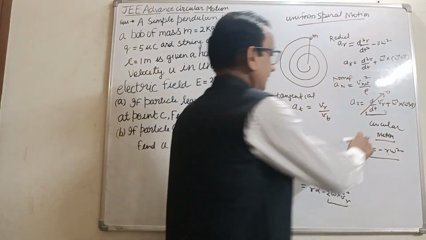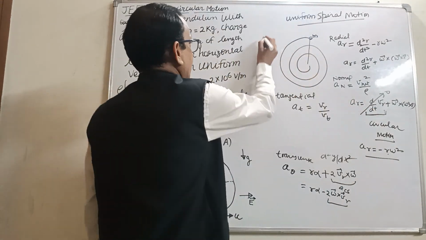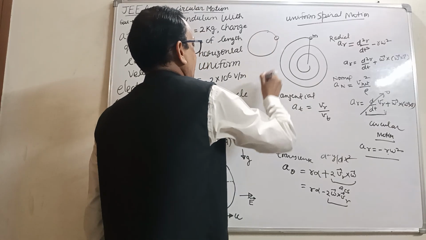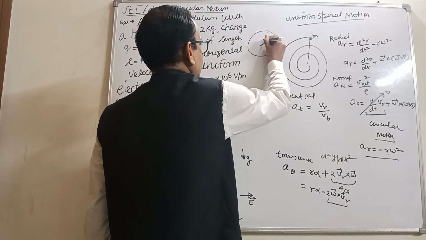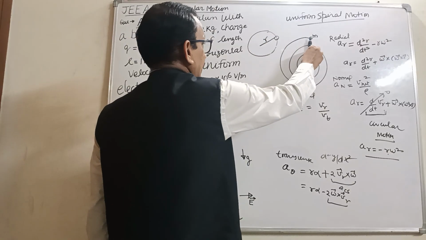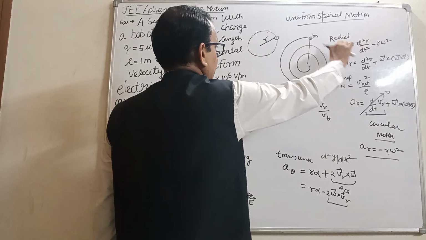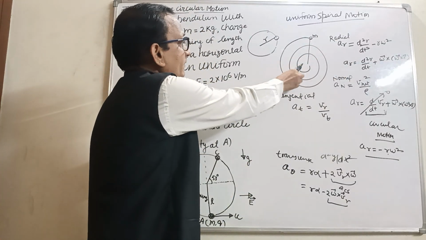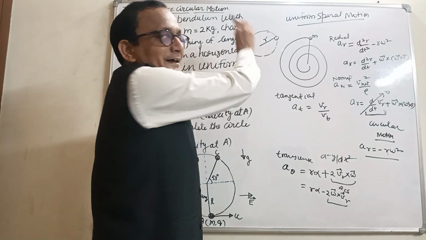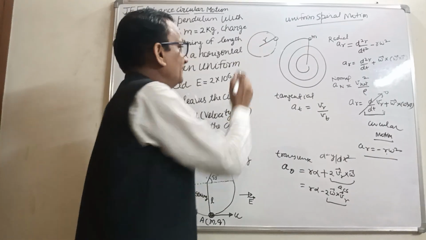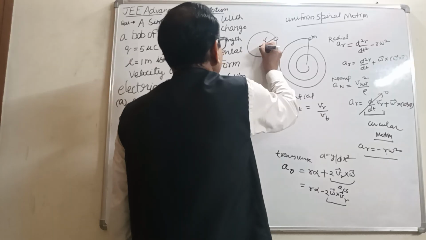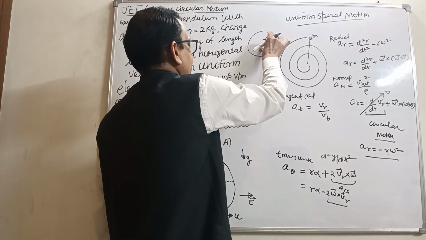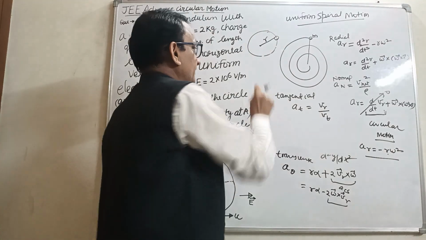Why? Because in circular motion, when one object is moving in a circular path, its radius is constant. In spiral motion the radius is not constant, the radius is changing along with time, so it has a radial velocity. In circular motion it does not have a radial velocity because the radius is fixed. It is moving around the center at a constant distance. This distance is always constant for a circular motion.